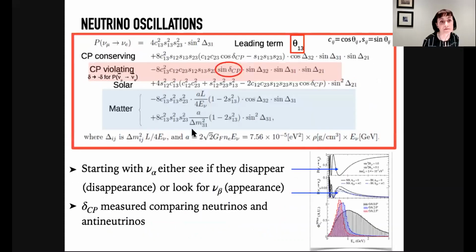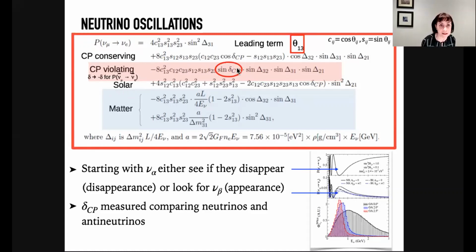And this is the much more complicated equation. This is for 3x3. They have different components. They depend on the interaction in matter, because matter is composed of electrons. So if you have specific electron neutrinos, they interact with the corresponding electrons in the atoms. And then this is the most important part for us, the CP violation.